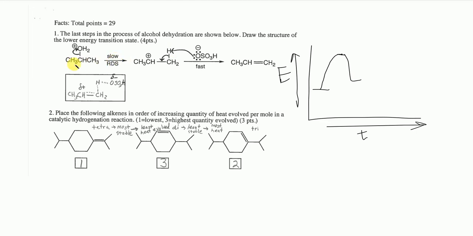So we start from one thing and we go to one product, and then this thing goes to another thing, and it goes to another product. So I have two intermediates, and then I have a beginning material, a middle product, and an end product.